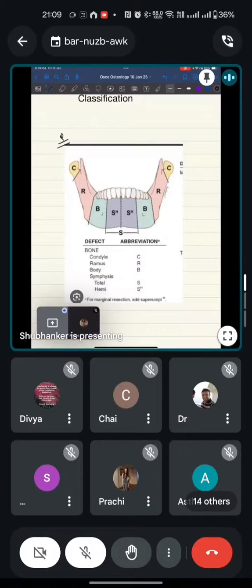The name of this classification is the Urken classification. Basically, they divide it into two halves, each side with a line. This is your condyle, then there will be the ramus. The mnemonic is given downside only. Then there will be your body, and this will be your symphysis.